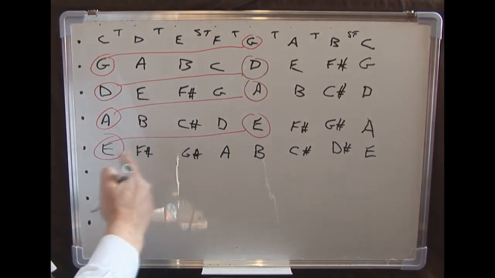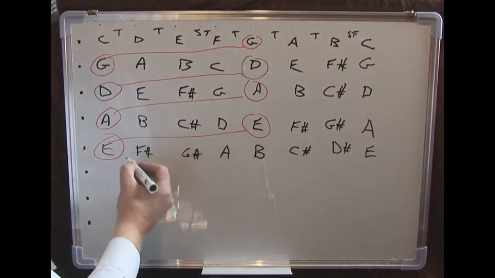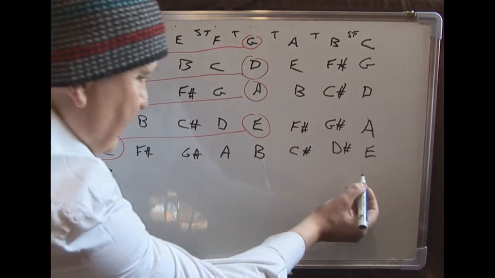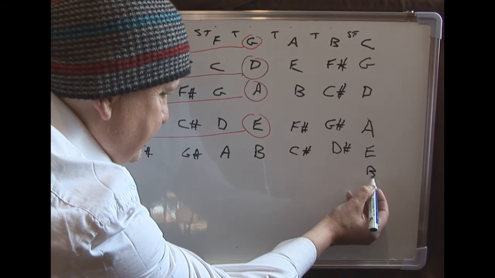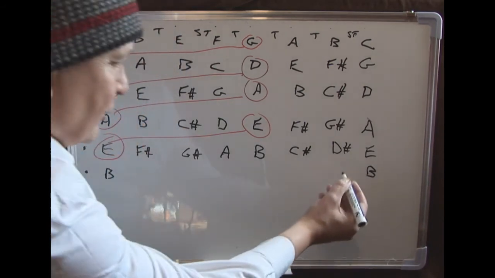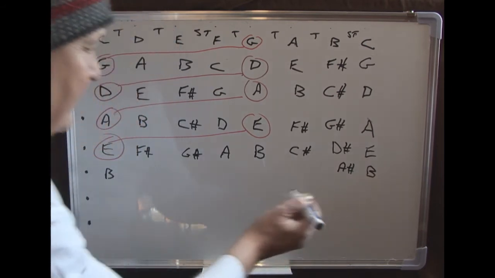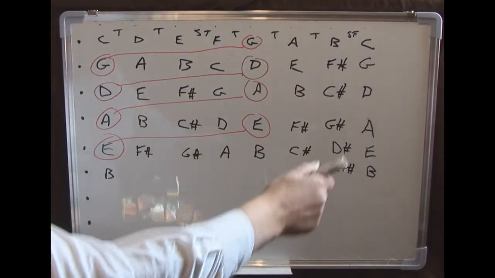Okay, so fifth note of that scale of E is going to be B, so that will be our next note. We know that the last note is going to be a B, and the semitone below B is A sharp, and so then the remaining notes are just the previous scale's notes.